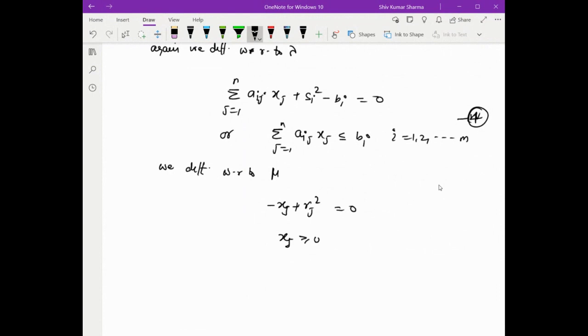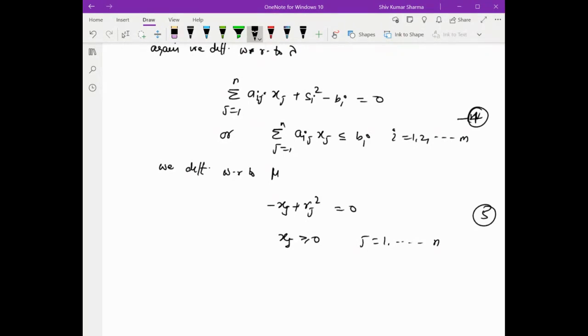So xj greater than or equal to 0, for j equal to 1 to n. So this is equation number 5. So in this practice we have done all the equations to solve the quadratic programming problem.